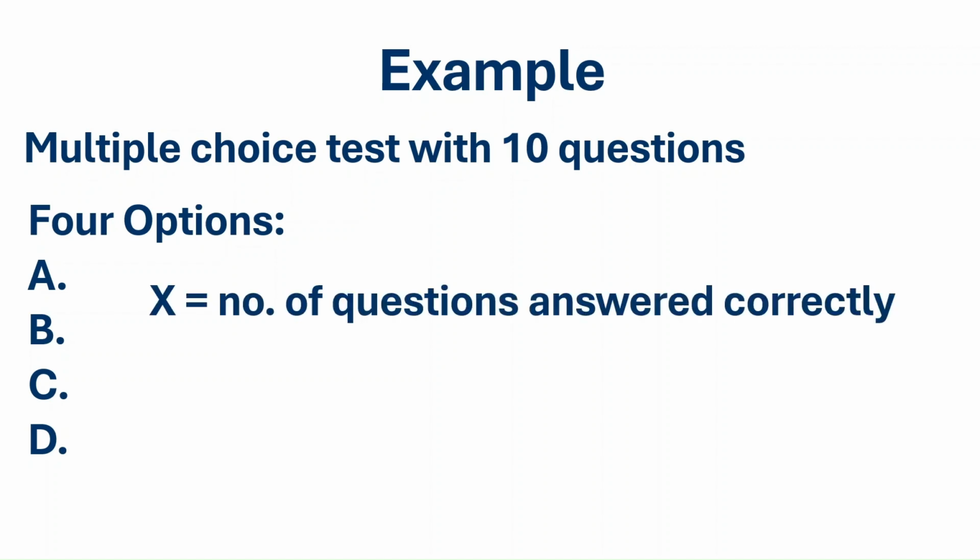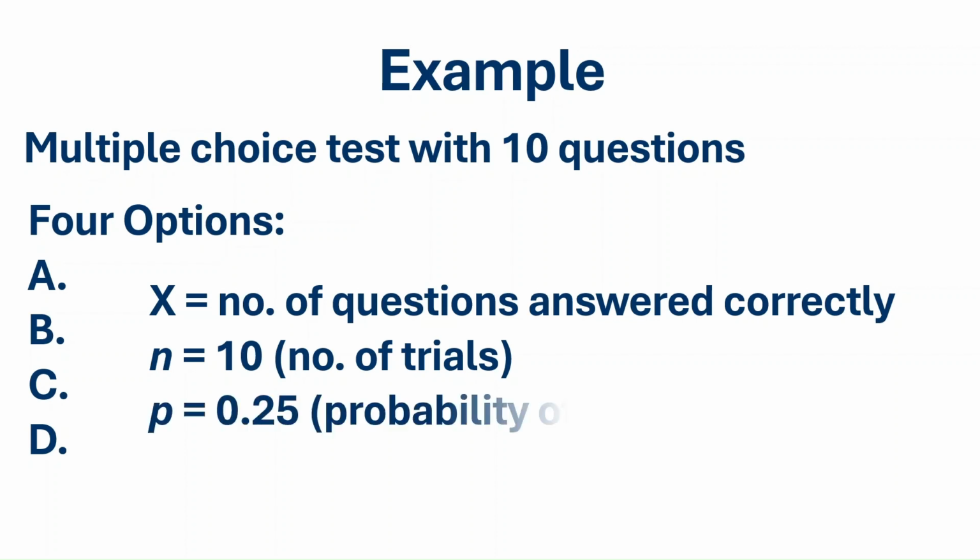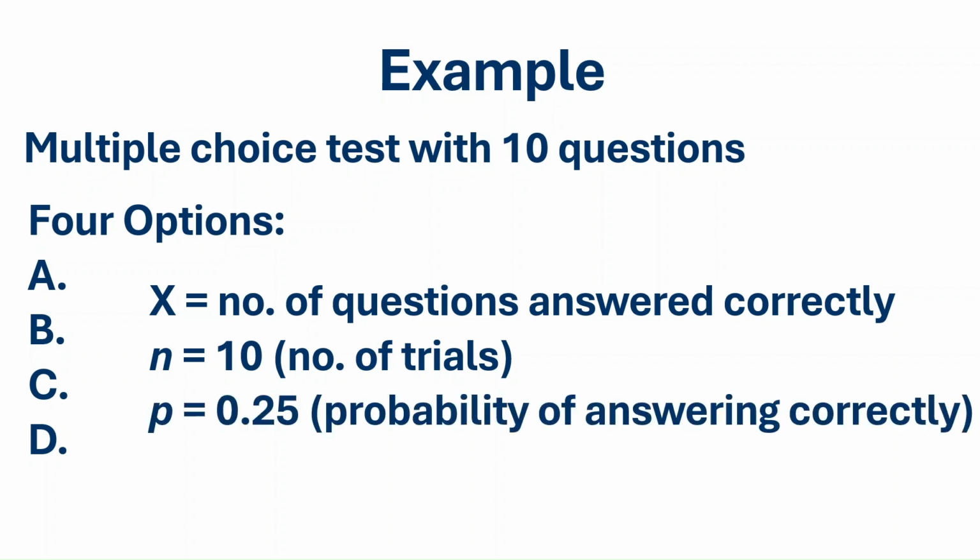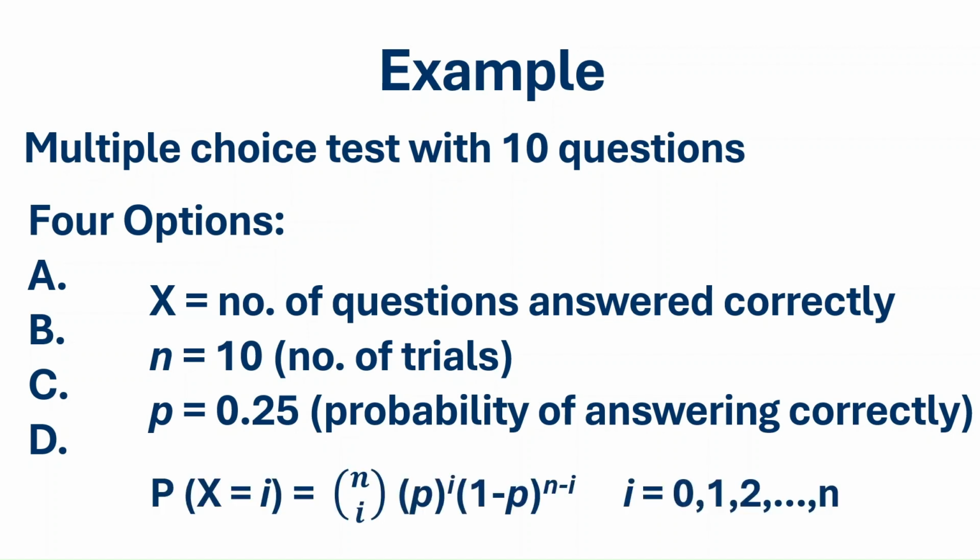So let x be a binomial random variable that represents the number of questions that you answer correctly. n equals 10 represents the number of trials, or the fact that there are 10 questions in total. And since there is a 1 in 4 chance of getting a question correct, that means that p is equal to 0.25. We can then apply the general formula for different values of x.